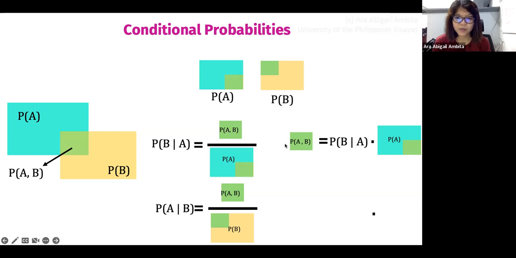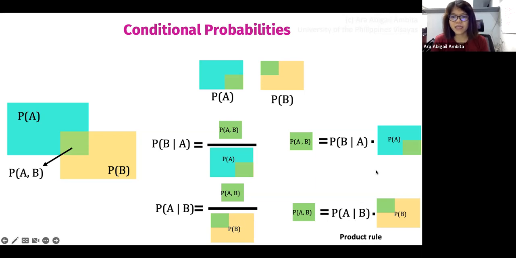So we have the probability of A and B equals the probability of B given A times the probability of A. And from this equation also, we can compute the joint probability of A and B. That will be equal to the probability of A given B times the probability of B. And this is actually the product rule.